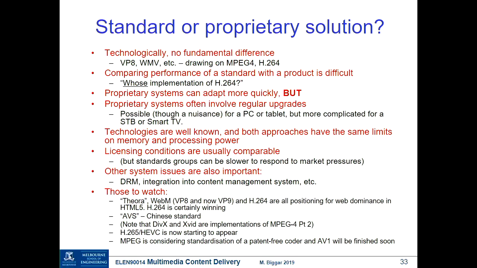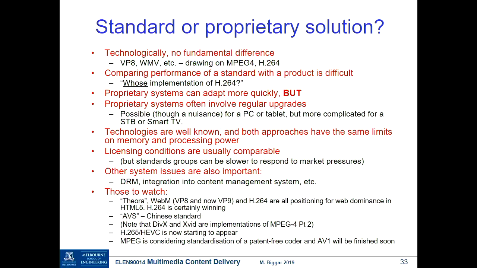Let's talk in a little bit more detail about this decision: do I take a standard or do I take a proprietary solution? Technologically, as I said, there's no fundamental difference. These VP8, VP9, VP10, AV1 are all drawing on the MPEG-4 and H.264 and H.265 experience, and they're using the same basic architecture.